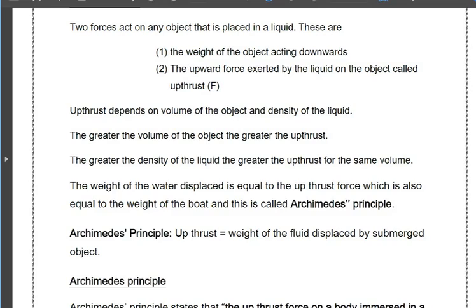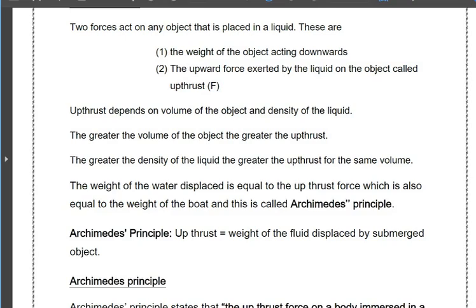So if you drop a big stone into the water, the weight of the rock is going to be heavier than the force pushing the rock upwards. So the rock is going to sink. Okay? So you will see that.